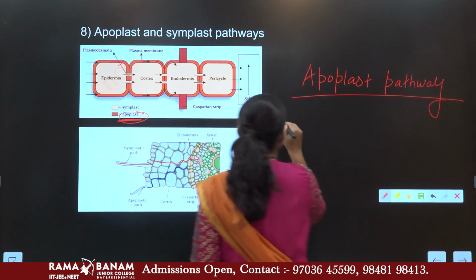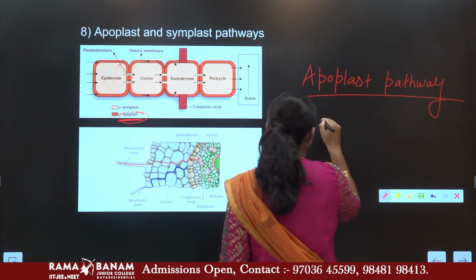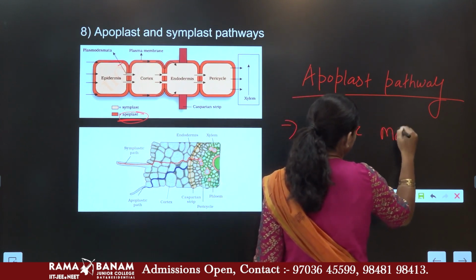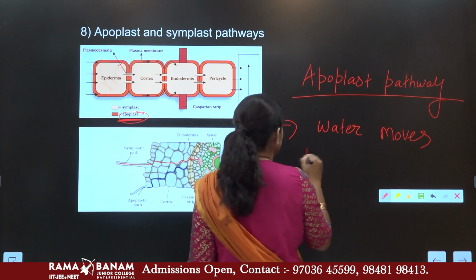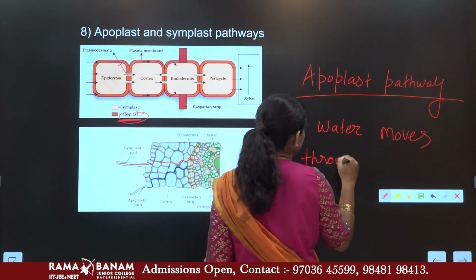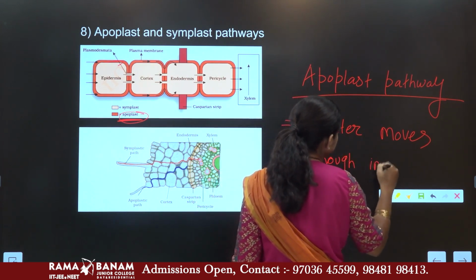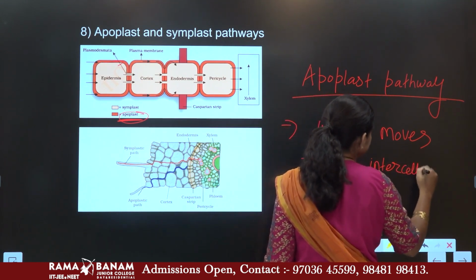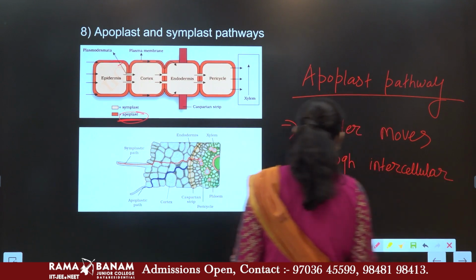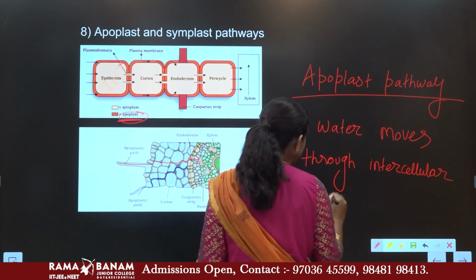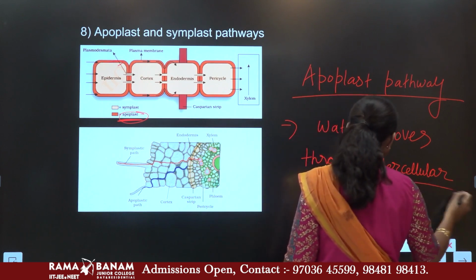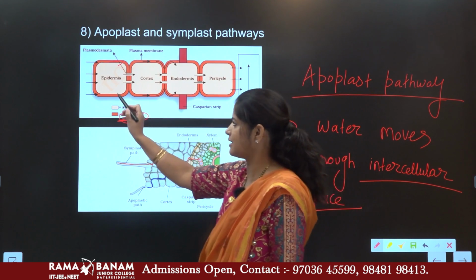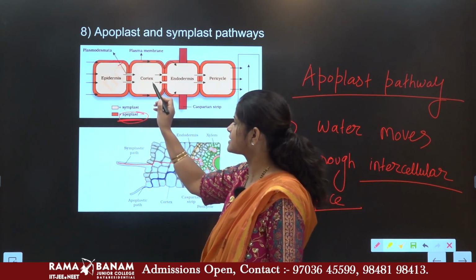Apoplast means your water is not entering inside the cell. Water moves through intercellular space. You are totally aware what is the meaning of intercellular space. This is one cell, epidermis cell, and this is the cortex cell.